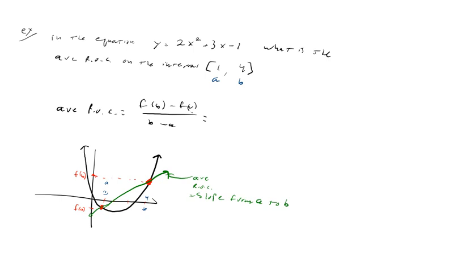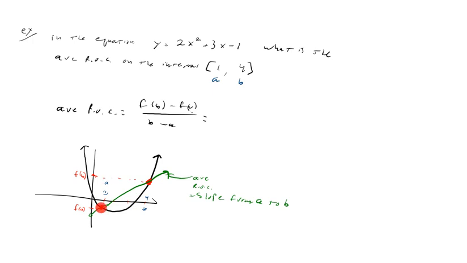And that's what we're looking for when we find an average rate of change. We're looking for this slope, right? My rise over my run. We're looking for the slope between these 2 points. My rise from f of a to f of b, and my run from a to b. How much does the graph go up? How much does the graph go across? Rise over run.